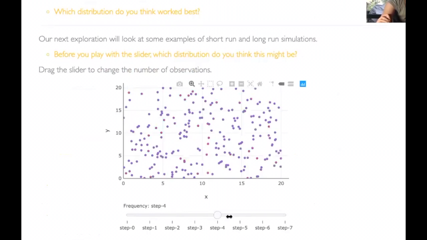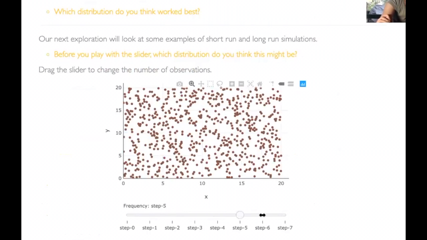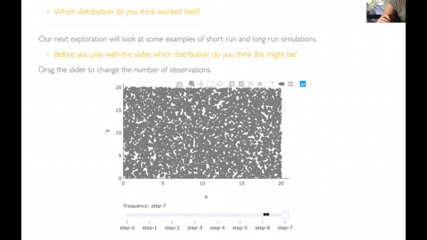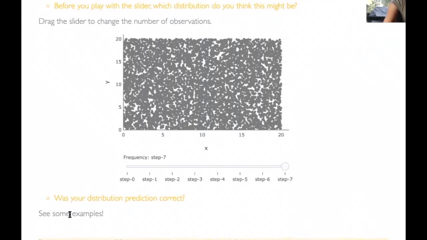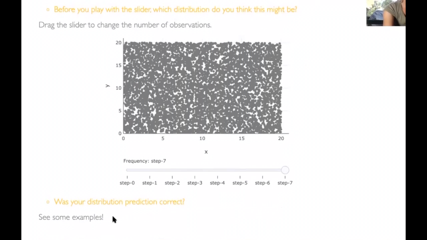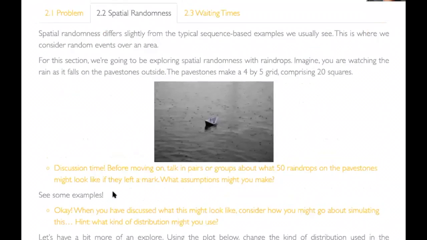And as we have more and more observations, we can see, yes, it builds into pretty obviously a uniform distribution. And some examples, again, talking about some different discussions that might be had around spatial randomness ideas.